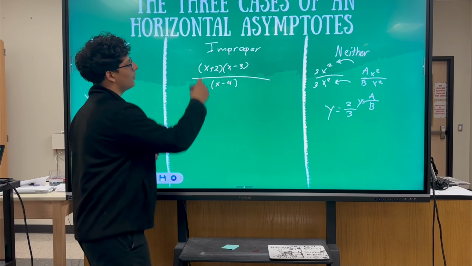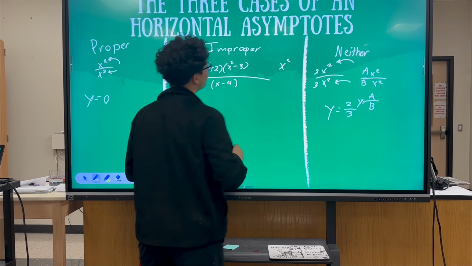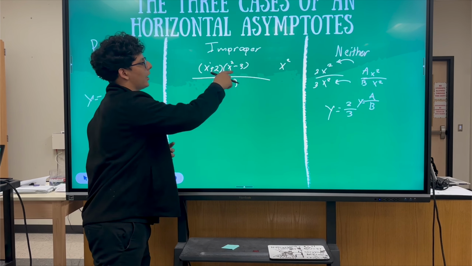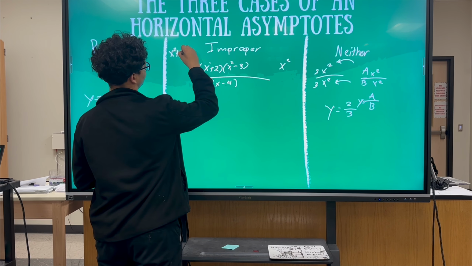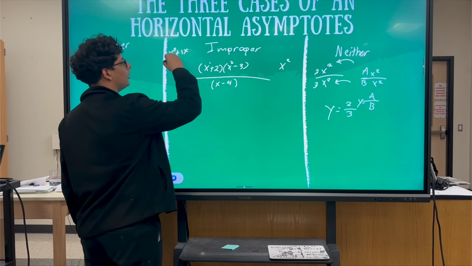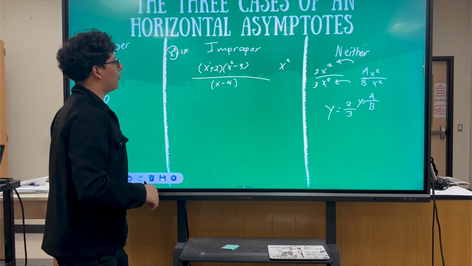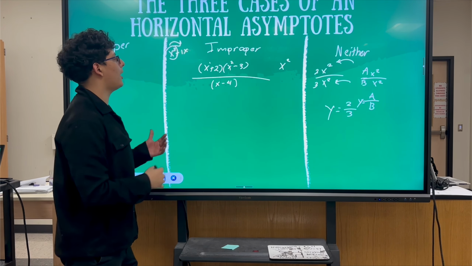You count the x's. Here's 1x, here's 2x, so top is 2. This will only happen if they are multiplying together. If they're adding together, let's say x squared plus 1x, these will not count as 3. You will only look at the leading coefficient, or the one with the highest power, since they are not multiplying each other, they are adding.